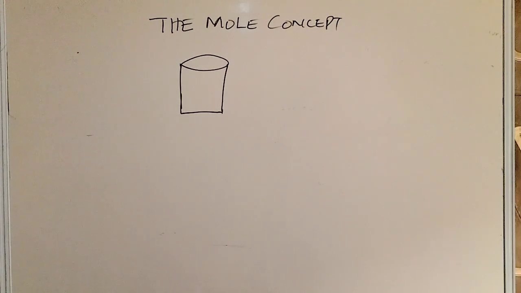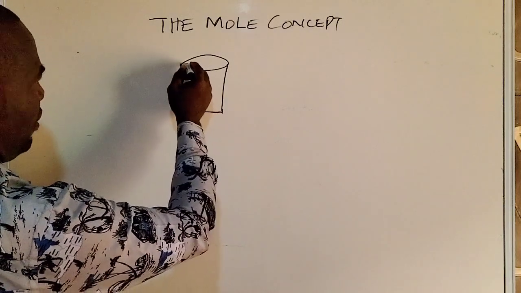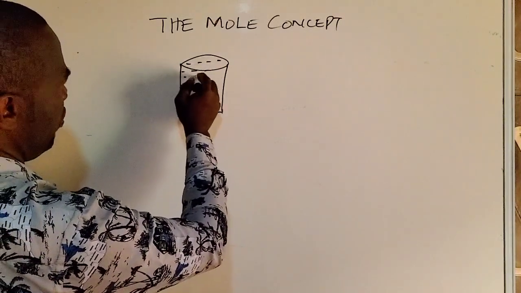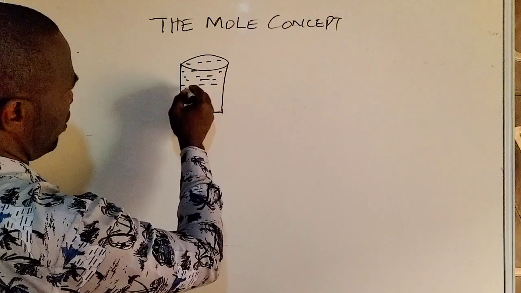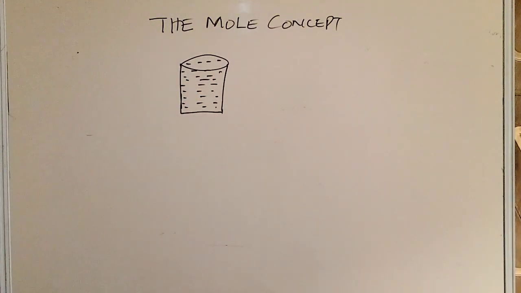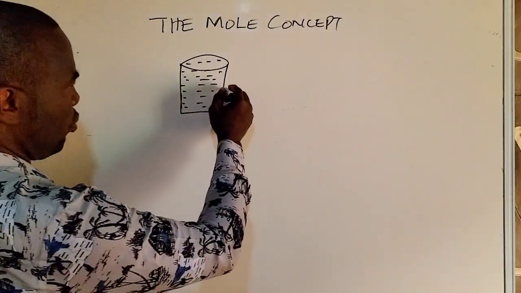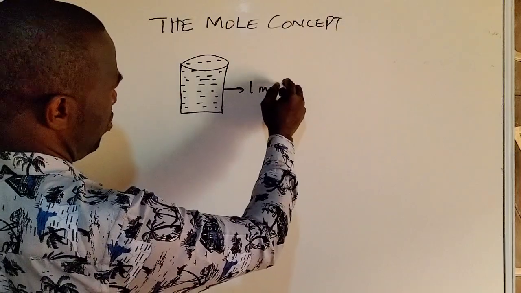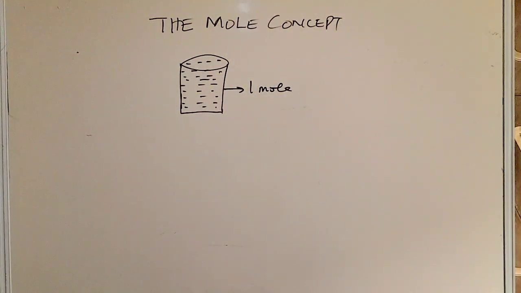Maybe you want to buy 5 cups of rice, you have a standard, which is the cup she uses, and this cup is filled with grains of rice. So now, let this cup be taken as 1 mole.